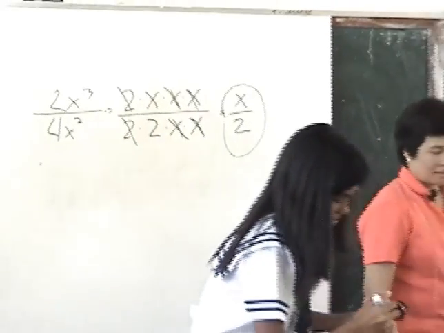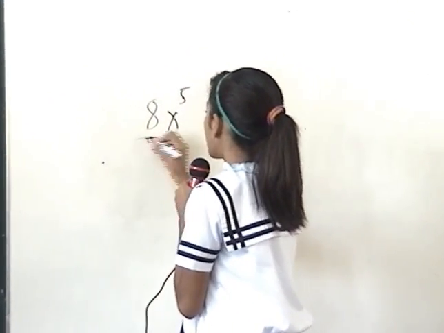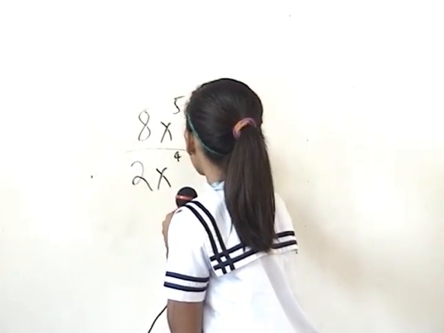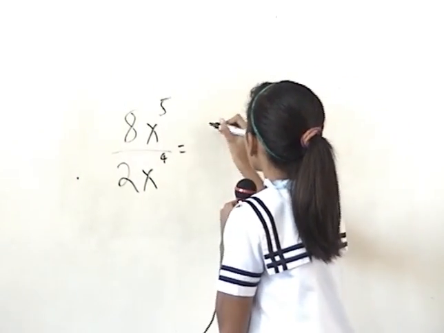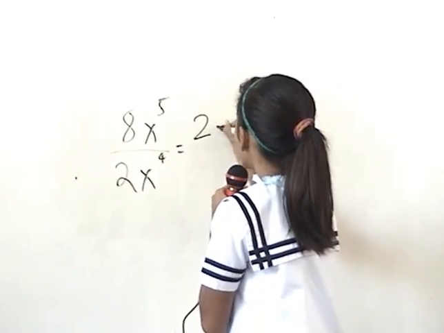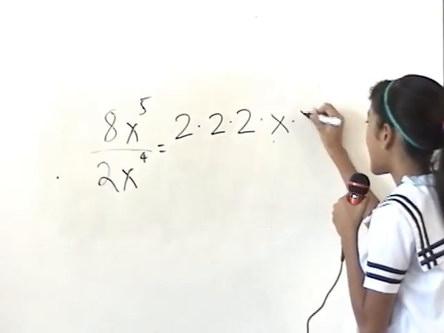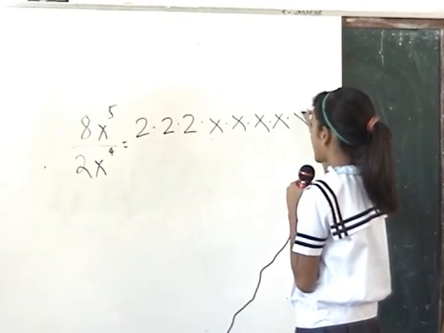Next, Rika. To find the quotient of 8x to the 5th power and 2x to the 4th power, write down their prime factors. 8x to the 5th power is equal to 2 times 2 times 2 times x times x times x times x times x.